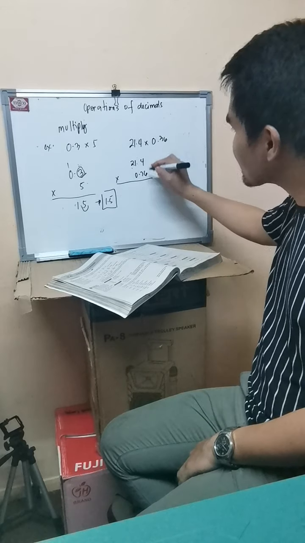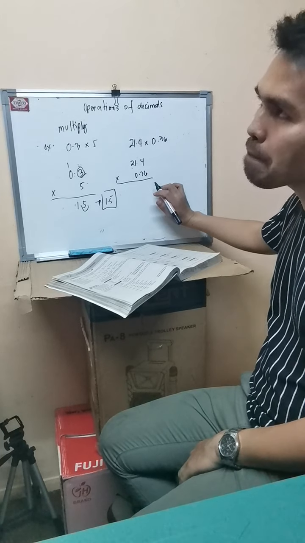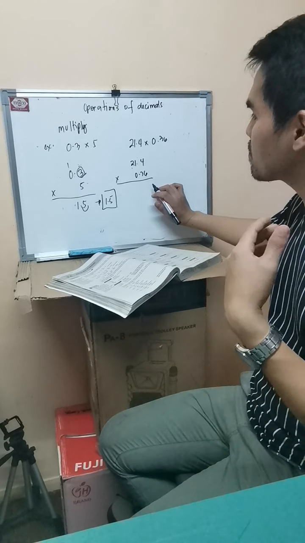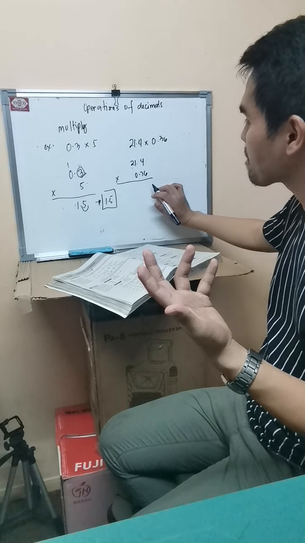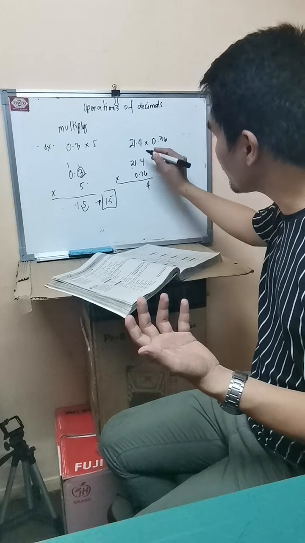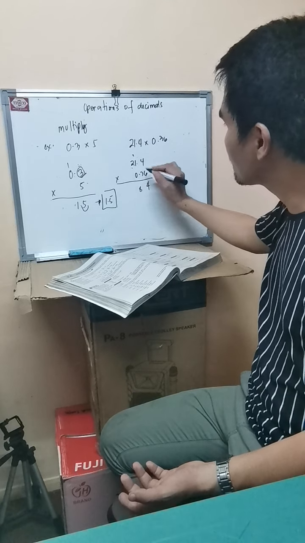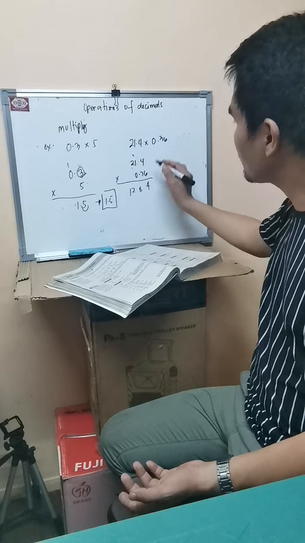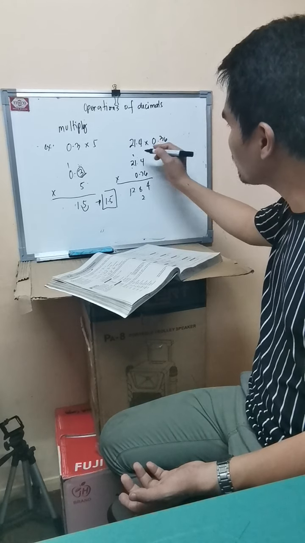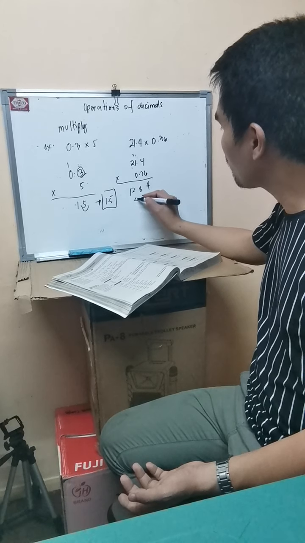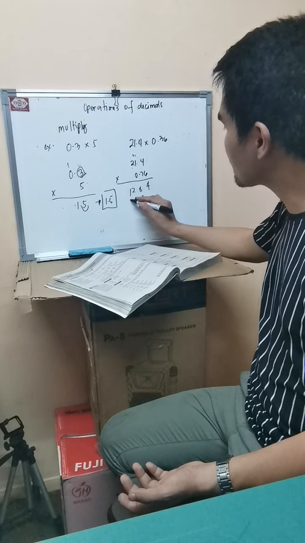So 6 times 4 is, wait, what is 6 times 4? 6 times 4 is 24, so that's 4. Carry 2, 6 times, that's 8, then 8, and then 12. And then 3 times 4, that's 12, carry 1, then that is 3, 4, and then that is 6.